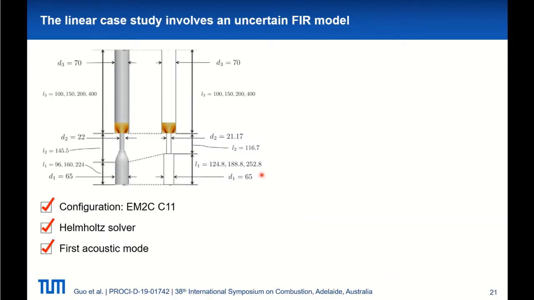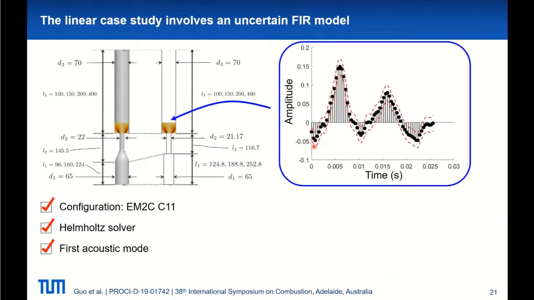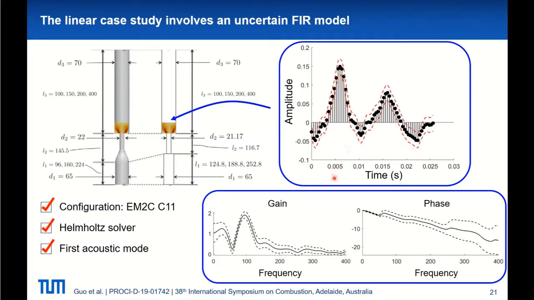Here we consider a flame impulse response model. This model describes the flame dynamics in time domain, and it can be easily converted to a flame transfer function that facilitates thermoacoustic instability calculations. Our current model is identified by applying a system identification method on the time series of velocity fluctuation and the flame heat release fluctuation.